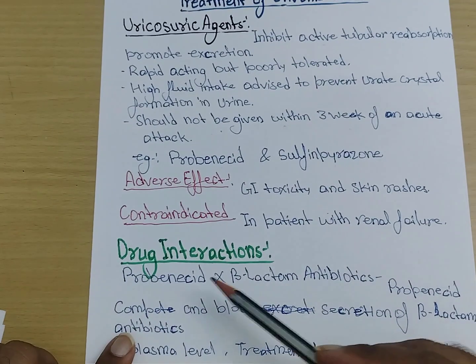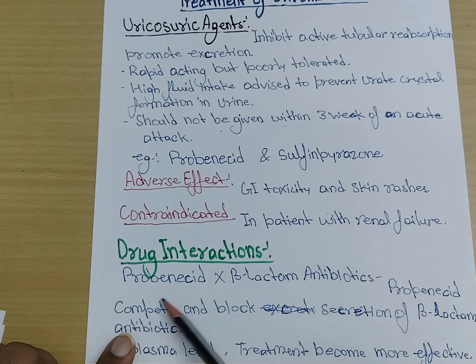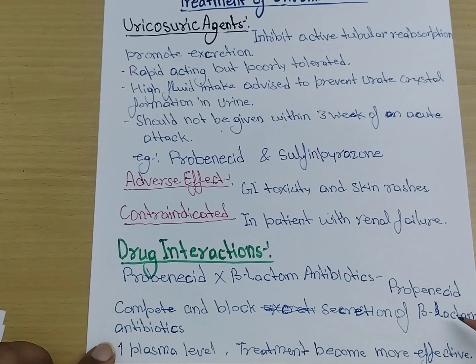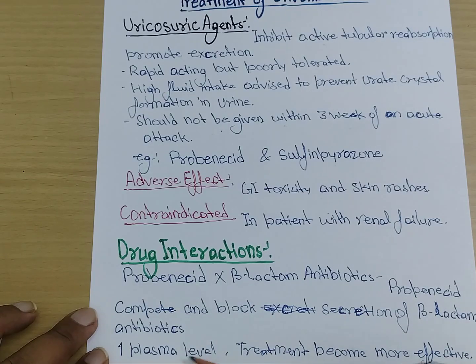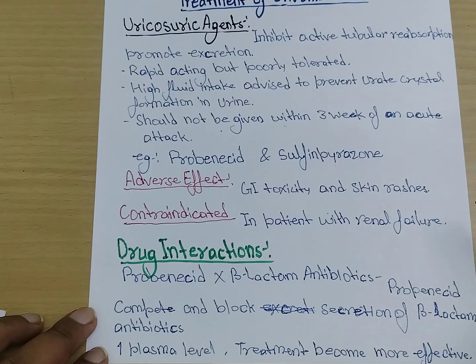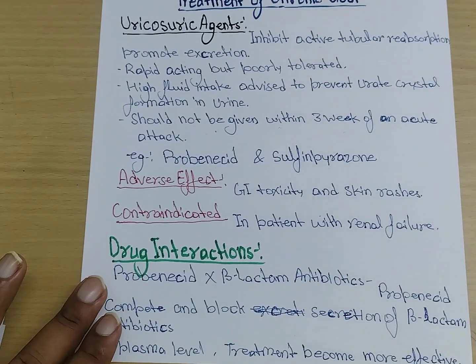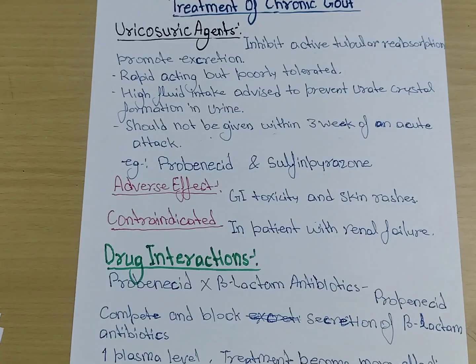Drug interaction: probenecid. If probenecid is given with a beta-lactam antibiotic, probenecid competes and blocks secretion of the beta-lactam antibiotic, thus increasing plasma level, and treatment becomes more effective. If we use probenecid with beta-lactam, what happens?